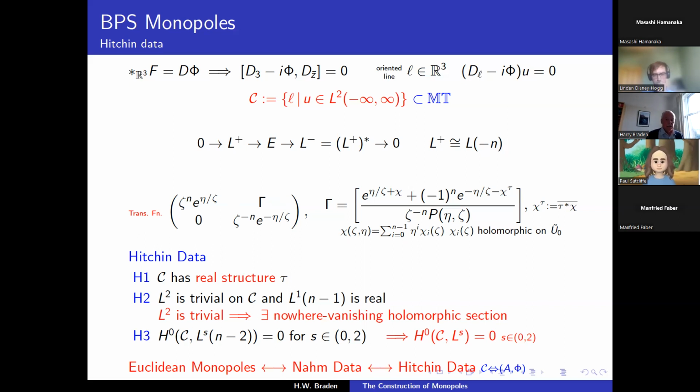And Corrigan and Goddard looked at this extension. And so I've written down here one way you can write down what this extension is. And Corrigan and Goddard investigated this and gave a number of constraints that we'll see in a different form on the next page.